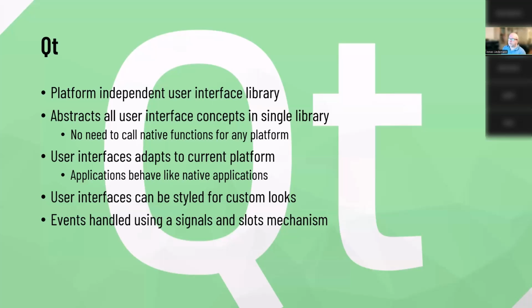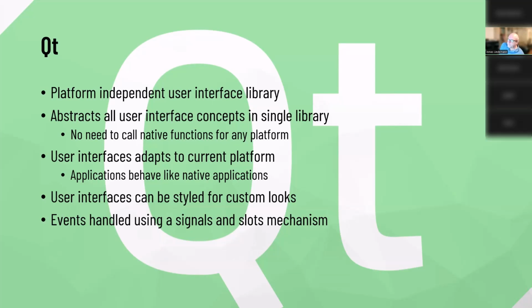So Qt is a platform-independent user interface library, as said before. What it does is abstract the user interface concept in a single library. So there is no need to call a native function if you're compiling on Linux. You can call a Qt function, and that will handle the connection to the native library for the operating system. Another thing that Qt is very good at is that it adapts the user interfaces to each platform.